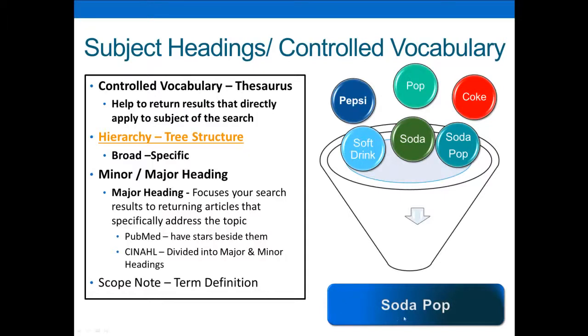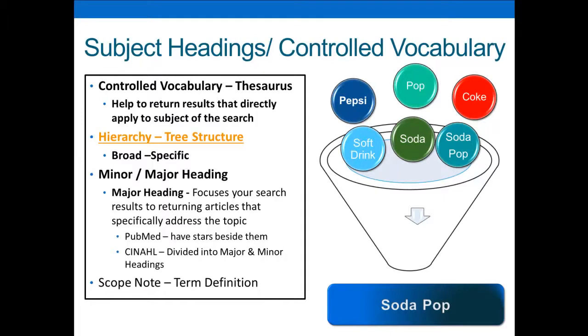And so if you know that soda pop is the preferred subject heading for any of these 6 terms, you are ensured of getting any article that talks about soda pop, regardless of whether you knew all 6 of these terms or not. So it's one way to be a catch-all, and that prevents you from having to know every possible term that may have been used in order to do a thorough search.